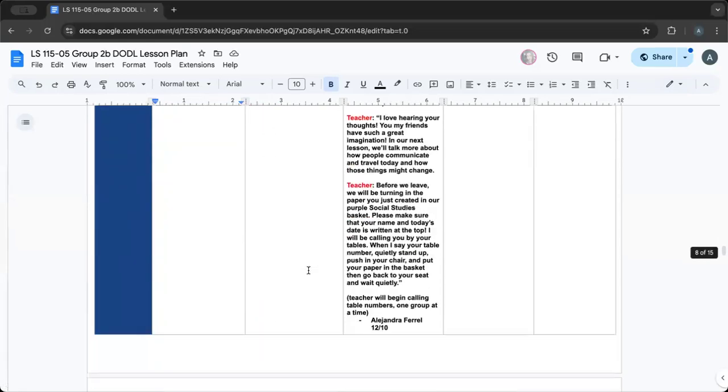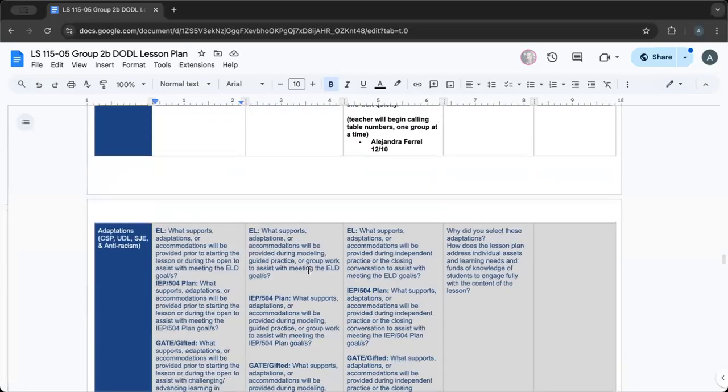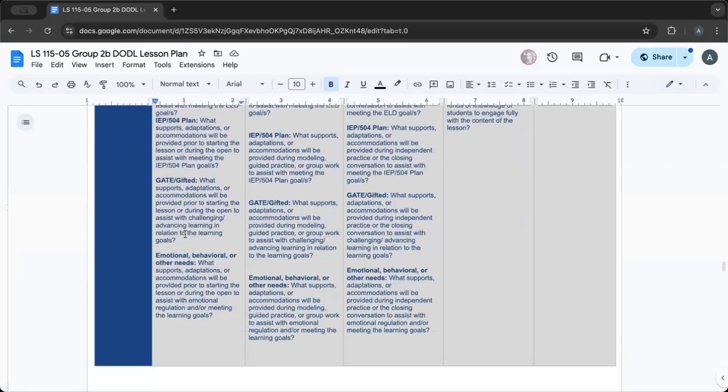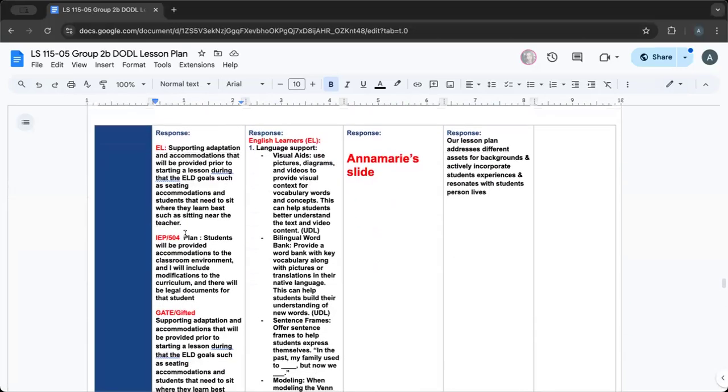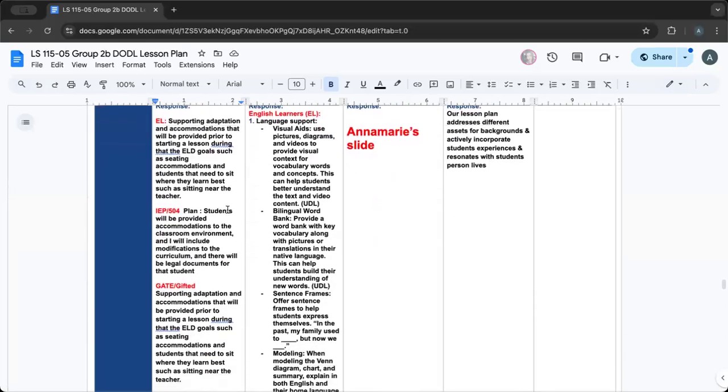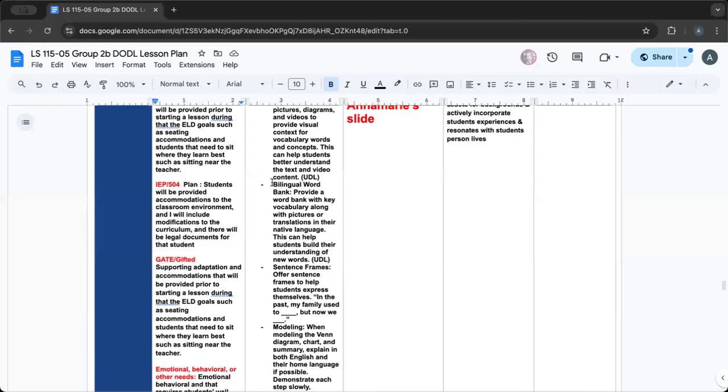On top of that, my second favorite aspect was in our adaptations, right here with language support. I talk about incorporating a bilingual word bank, and that falls under the Universal Design for Learning. The demographics for this school were largely Hispanic and English learners.